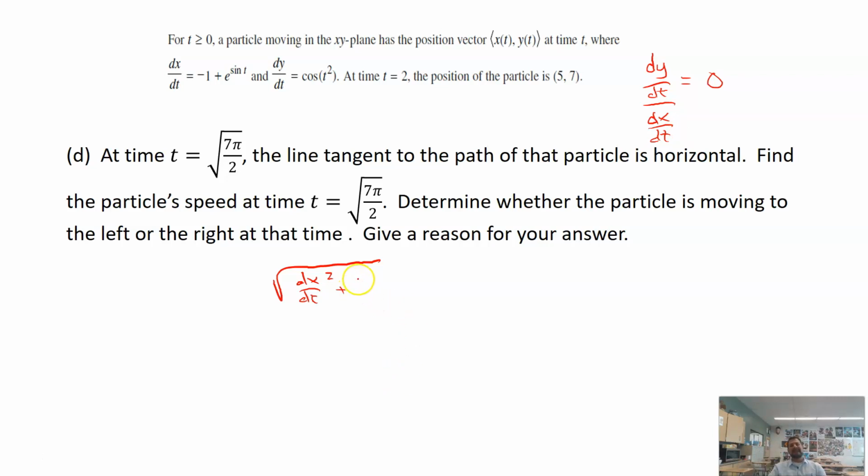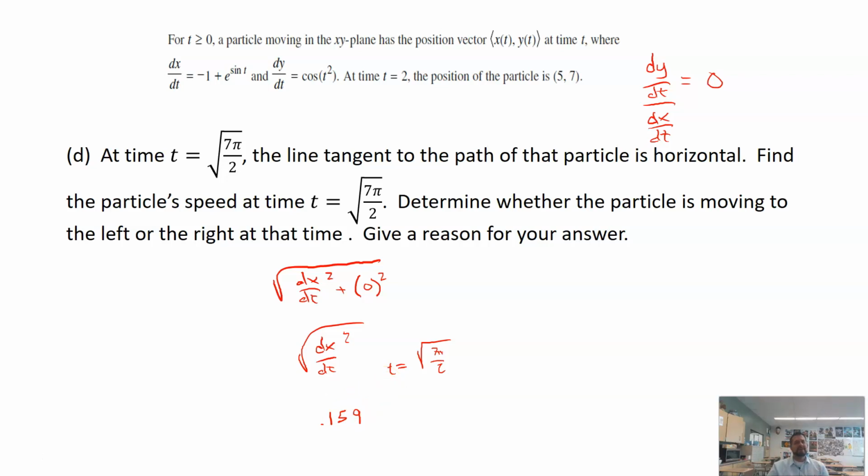So in this case, we plug in 0 for our dy/dt. Now that's only true at this given instant. So what I really have here is just the square root of (dx/dt) squared, and I'm going to plug in the square root of 7π divided by 2. When I plug that in, what I get is positive 0.159. And so that is my speed.